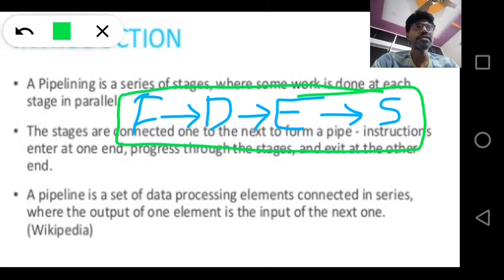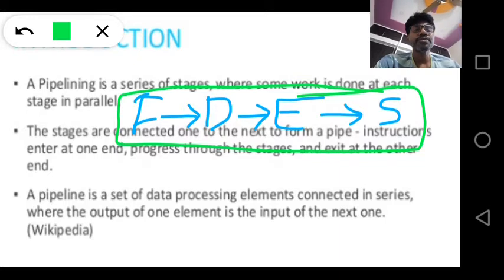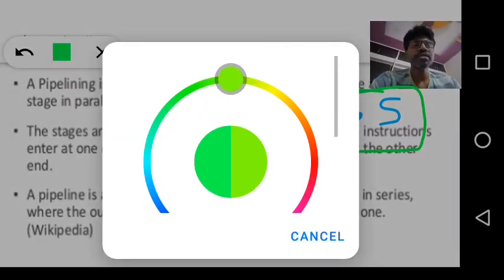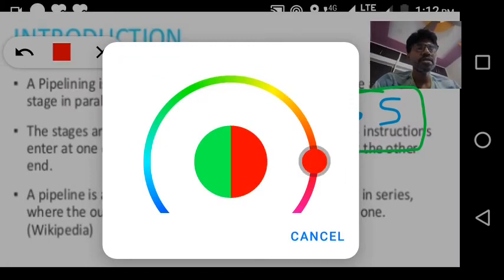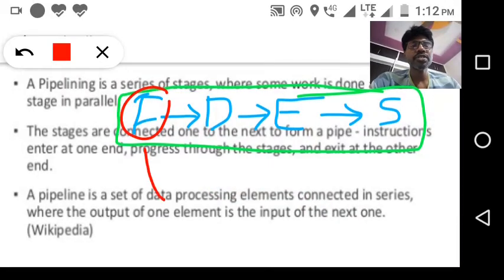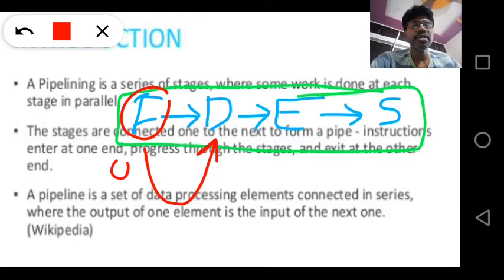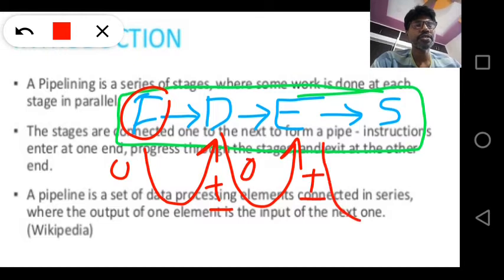Similarly, when I have the fetch, decode, execute, store concepts, the output of fetch acts as an input for decode. Similarly, the output of decode is sent as an input to execute.